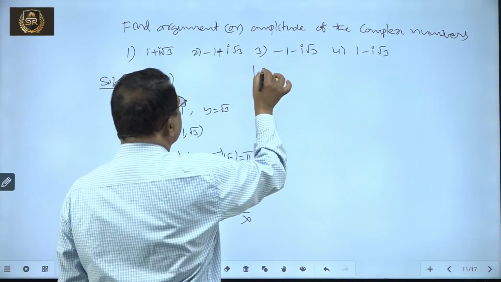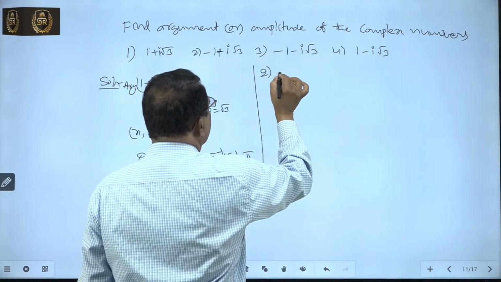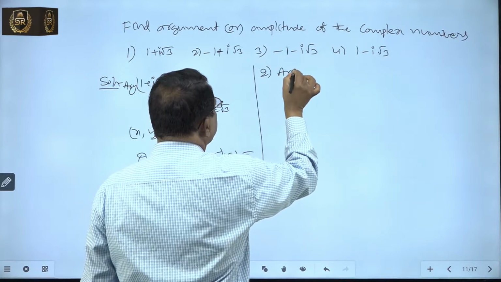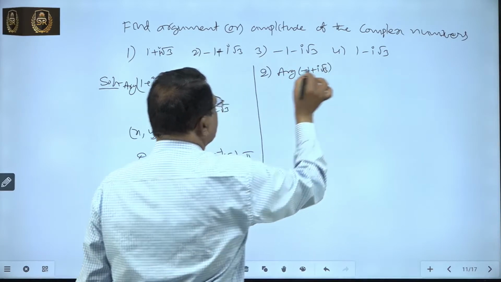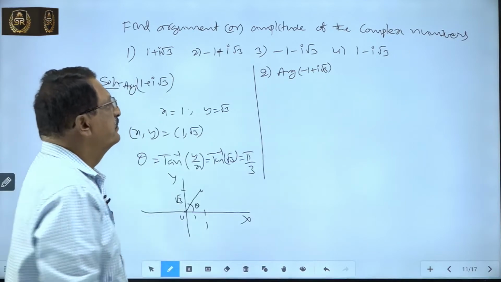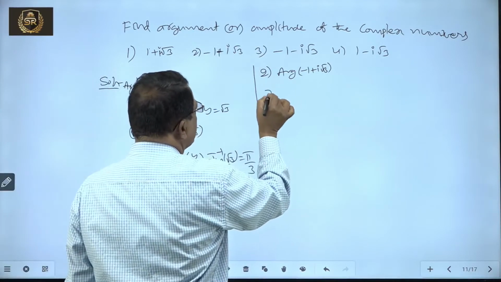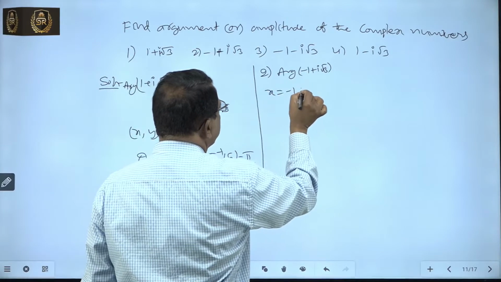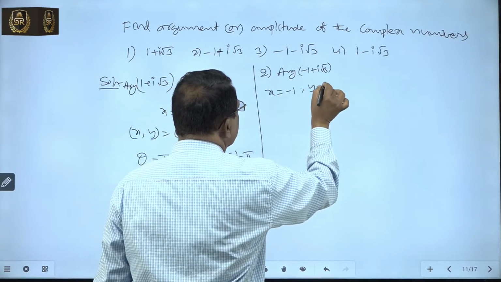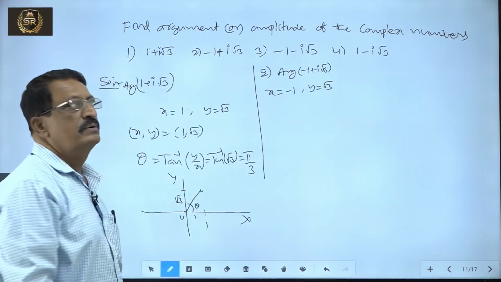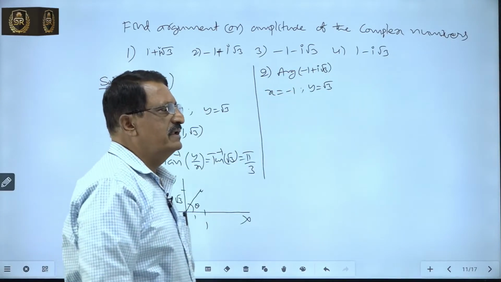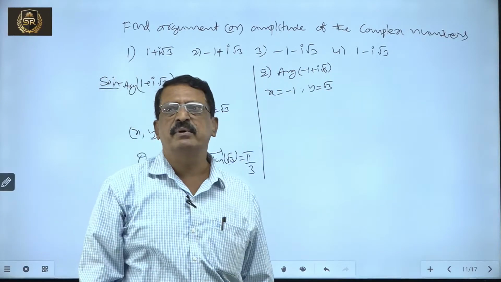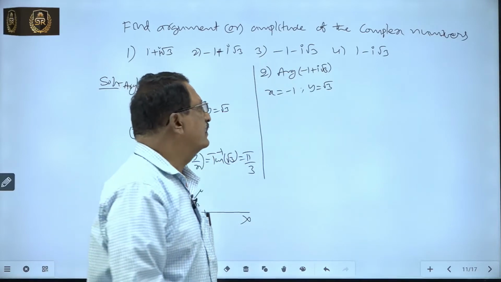Similarly, take the second one, required argument of minus 1 plus i root 3. Now here real part x equals minus 1, y equals root 3. Now minus 1 comma root 3, x coordinate negative, y coordinate positive, it lies in the second quadrant.